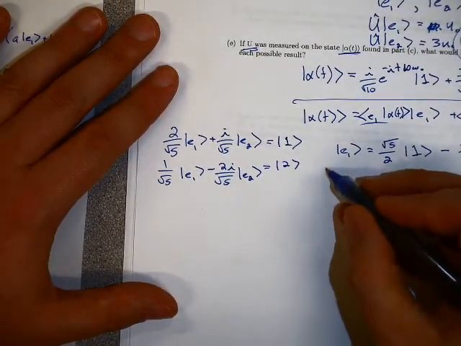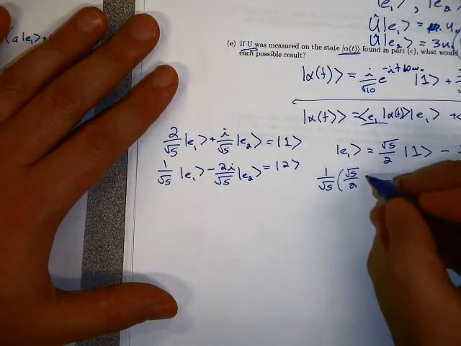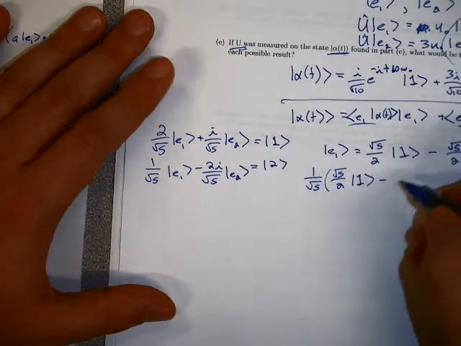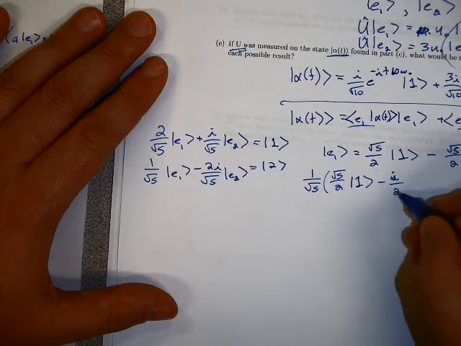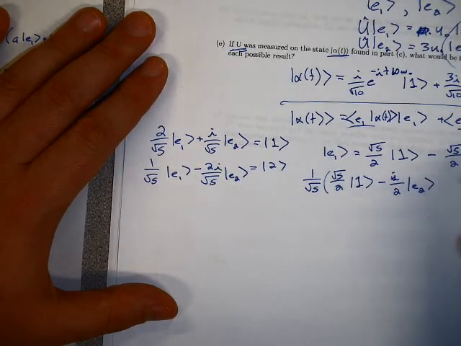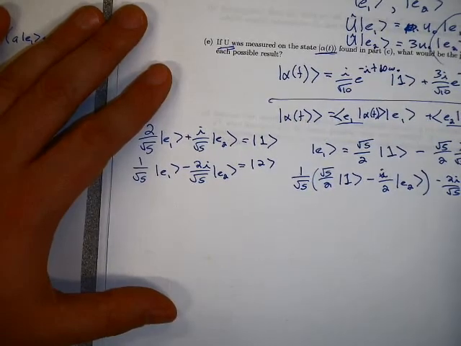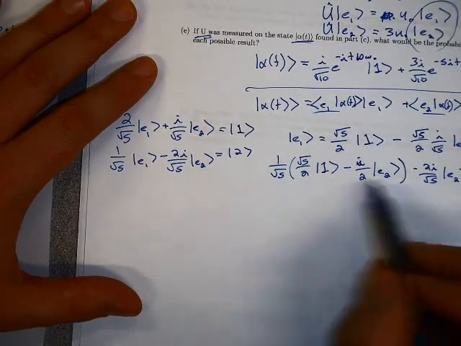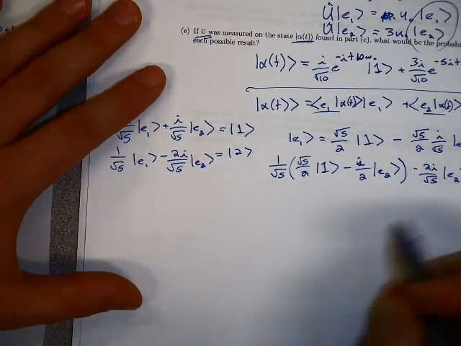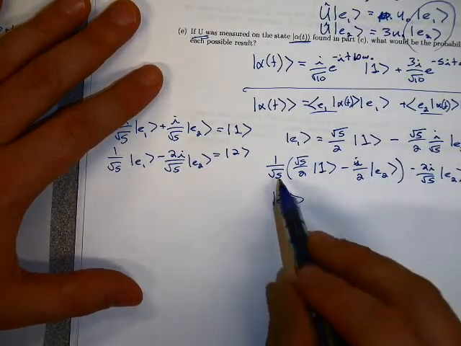So we get 1 over root 5 times root 5 over 2, 1 minus i over 2 e2, minus 2i over root 5 e2 is equal to 2. Now we have an equation that just has e2's, 1's, and 2's, so let's solve this for e2.